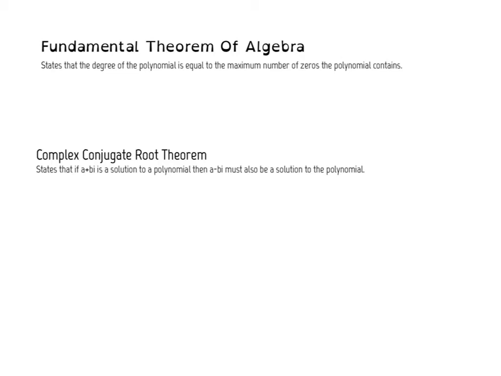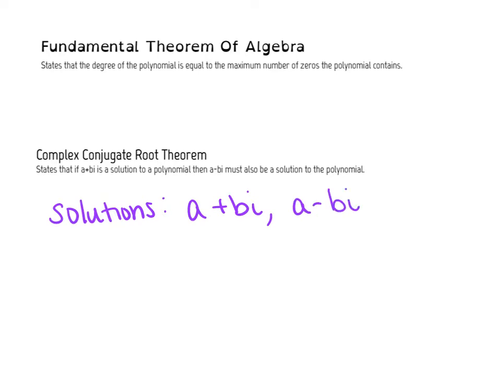And because we deal with complex numbers, and complex numbers happen to come in conjugate pairs, from the fundamental theorem of algebra we get the complex conjugate root theorem. And all it says is that if a plus bi is a solution, so one of your solutions, then another solution must be a minus bi, its conjugate.